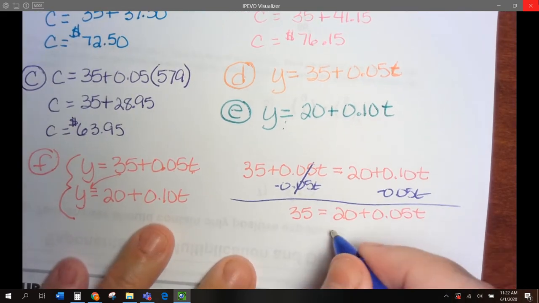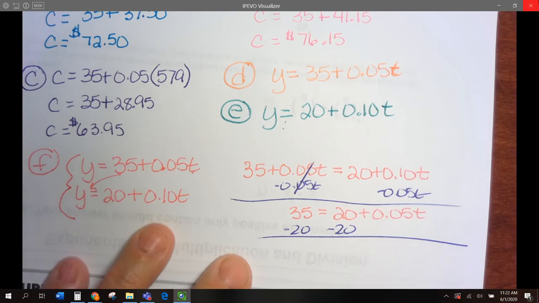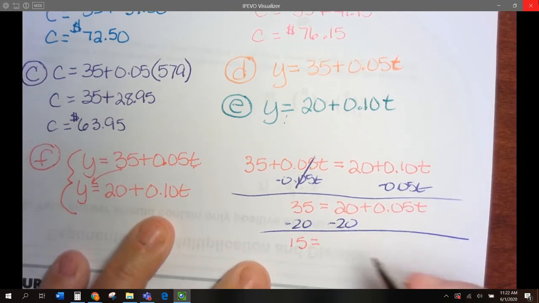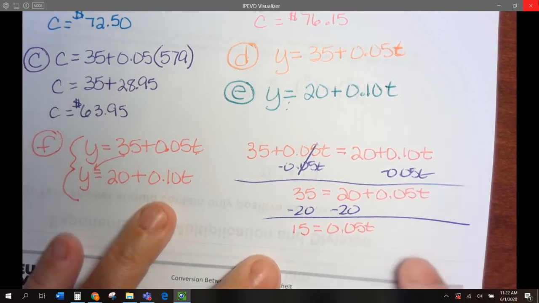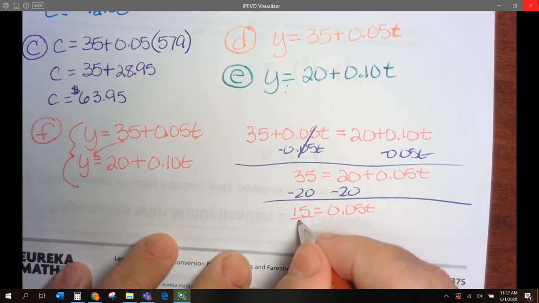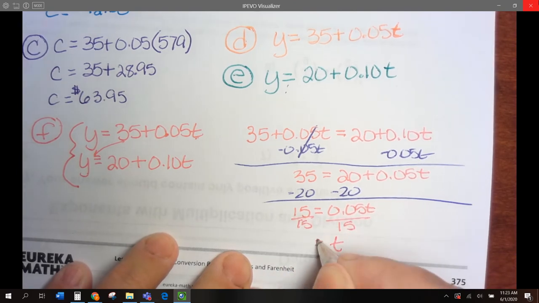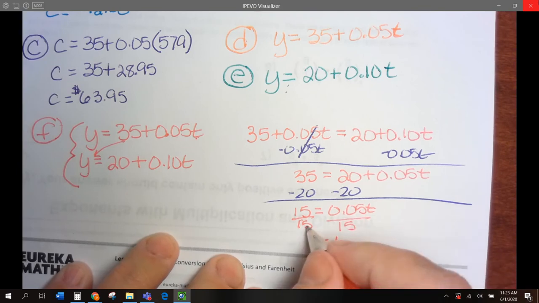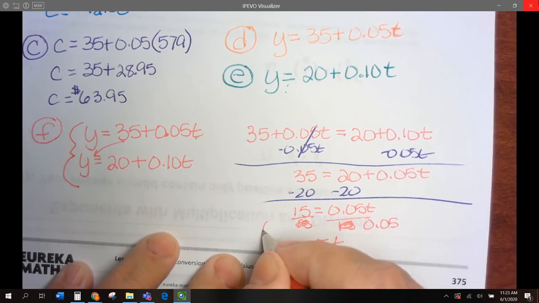Now I'm going to subtract 20 from both sides, and I'm going to have 15 equals 0.05t. And t is going to equal, I'm going to divide both sides by 0.05.